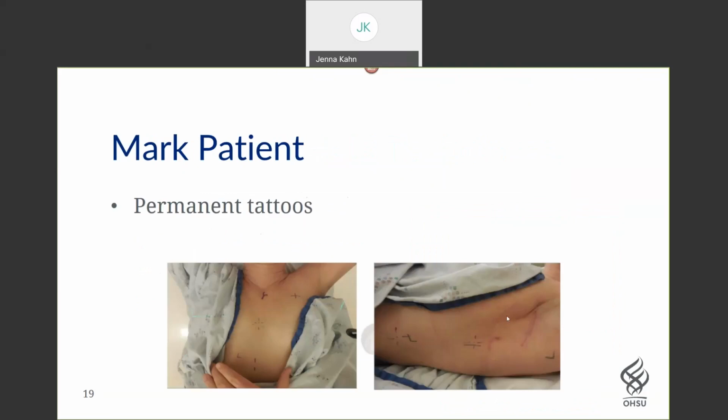Once we have set up the patient and placed our isocenter, we mark the patient. They get permanent tattoos. Those tattoos are very small, as you can see here. I always say it's like the size of a freckle, if not smaller. But those are permanent, and they help us to line up every day.